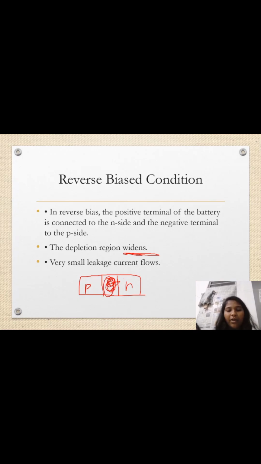You can observe here that it is wide. This depletion region is wider than in the forward bias condition. So due to this, a very small leakage of current is there.